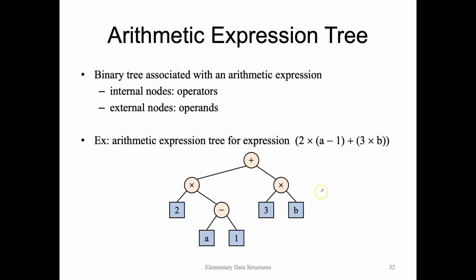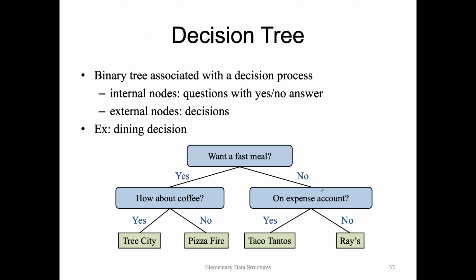This maps nicely because our operators are binary. They have a left and a right side. We could also use this to model a decision tree. Our internal nodes are questions that are either yes or no, true or false. And as a result of those, at the bottom we have our external nodes, the leaves, which are decisions. So after asking so many questions, we come to some conclusion, some decision.